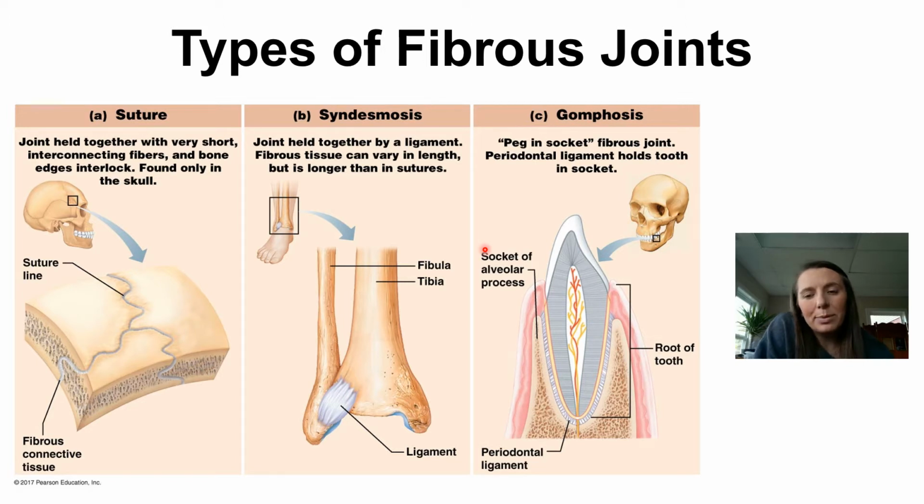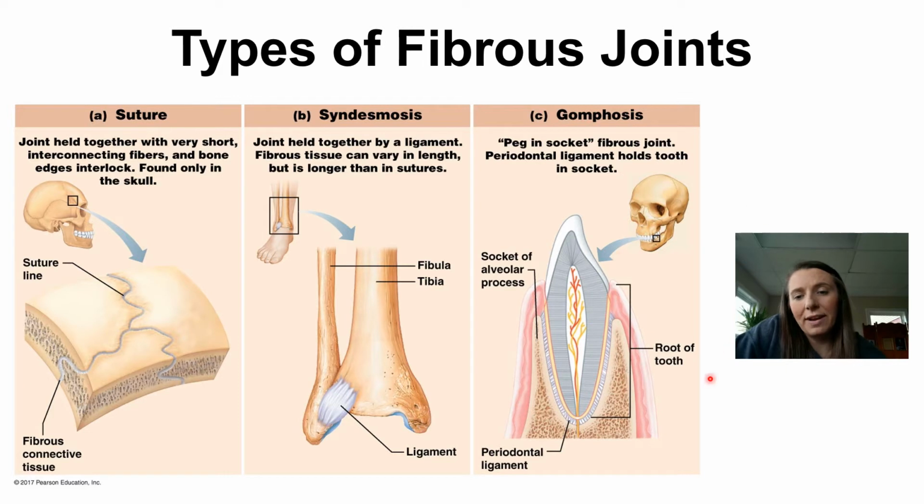And so this example is showing you the fibula and the tibia, which are the outer ankle bone and the shin bone, being held together in this case by a ligament. And the length of the tissue that's holding these two things together can vary, but the tissue fibers themselves are much longer than when we compare them with sutures.